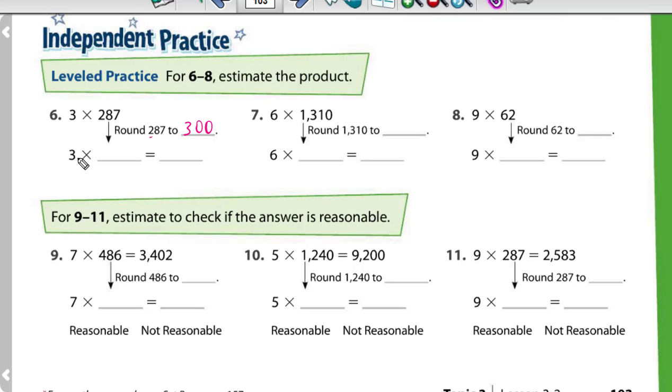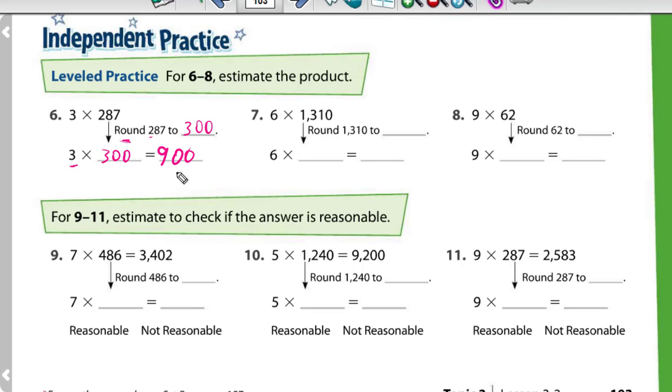So now we multiply 3 by the rounded number, which is 300. Ibrahim, what's the answer for 3 times 300? 3 times 3 is 9, and we have 2 zeros.